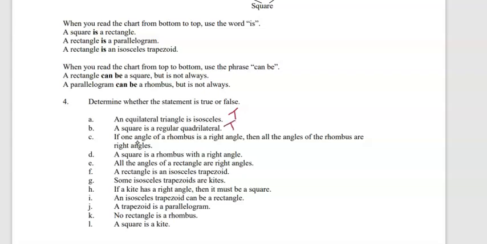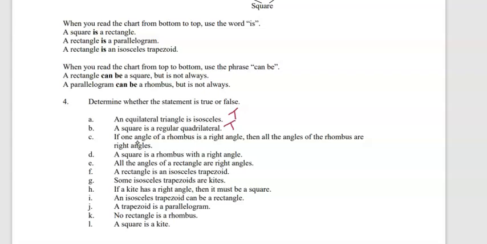That would be true. On C, if one angle of a rhombus is a right angle, then all angles of a rhombus are right angles. This one might kind of confuse you, but rhombus means four sides congruent.